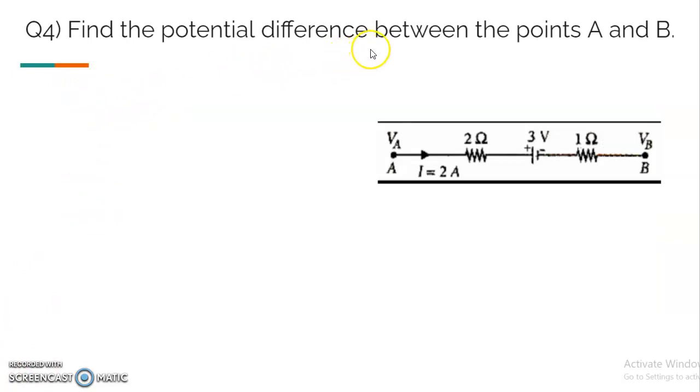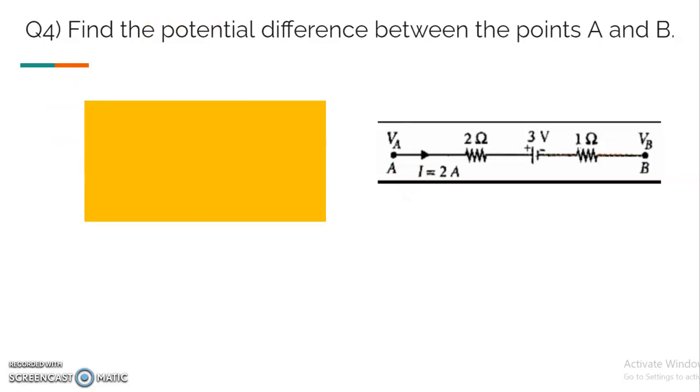Find the potential difference between the points A and B. Alright, so let us start solving this now. VA. Okay. Now we have to write only the V parts for each of these, alright. We are having 2 ampere passing through a 2 ohm resistance.